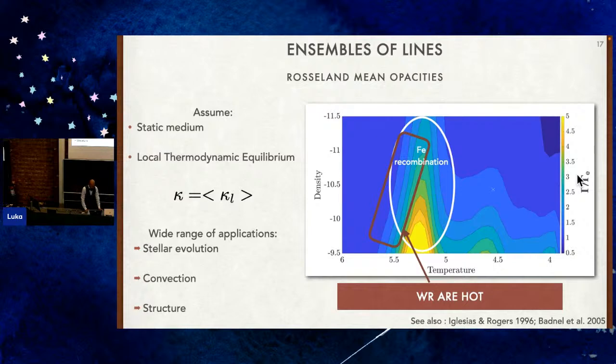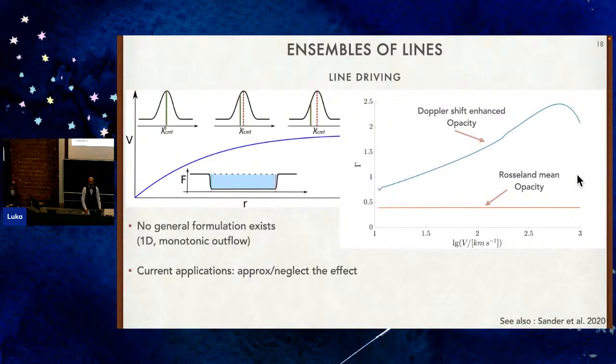However, here we assume that gas doesn't move. But what happens when gas is moving? In this small doodle, I show how the velocity increases, and at the top how lines behave.